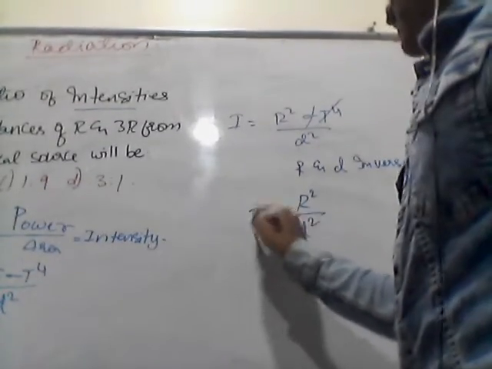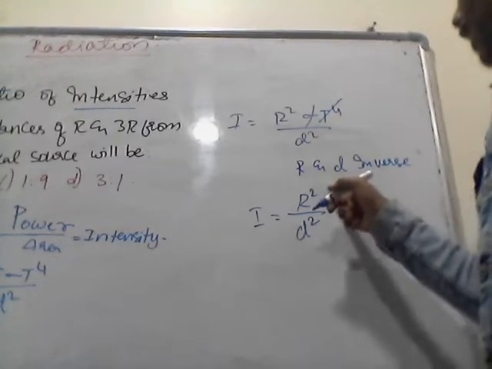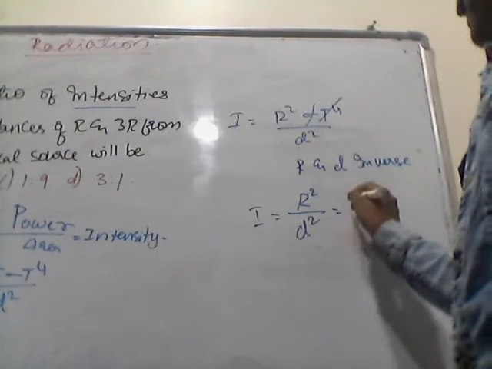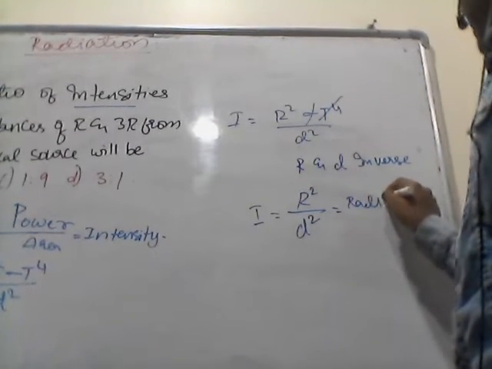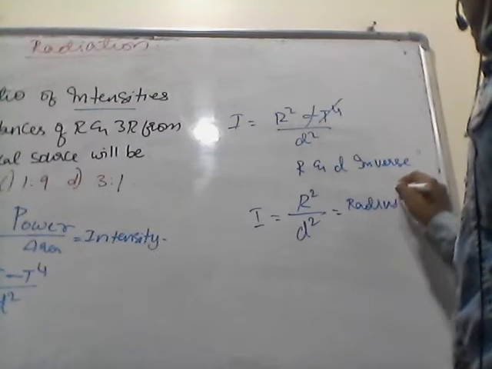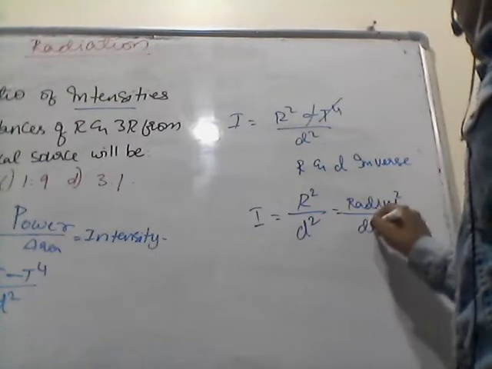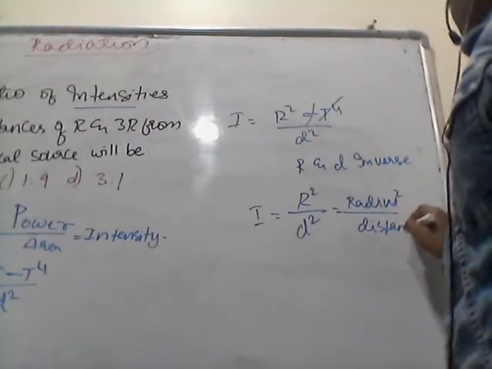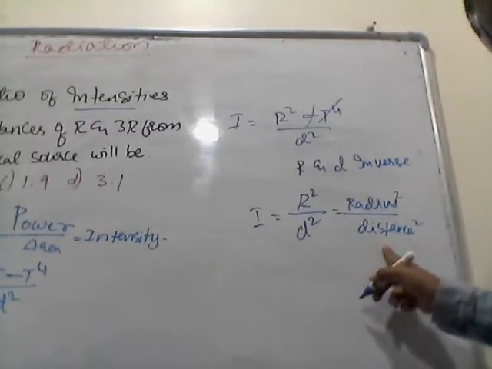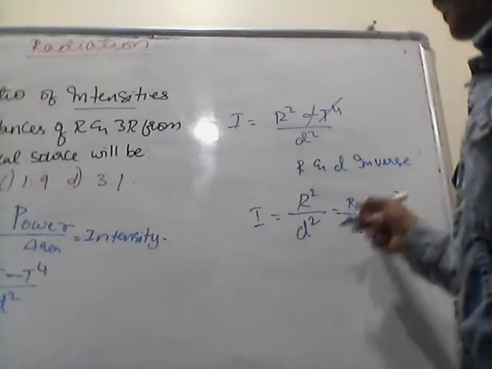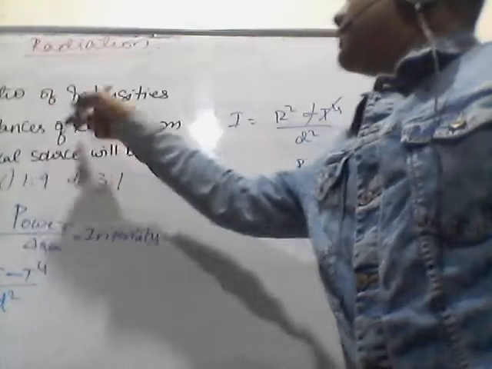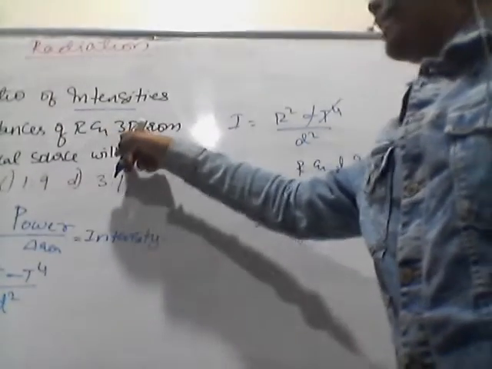This is nothing but intensity. So r square by d square, which is nothing but, let me expand it, radius square by distance square. This distance is from the source they have given. Now see here, they said distances are r and 3r.